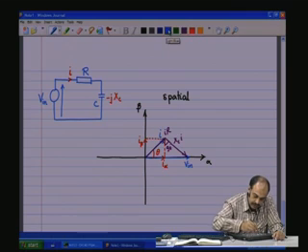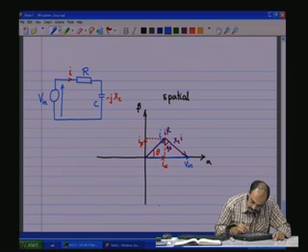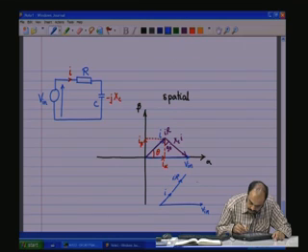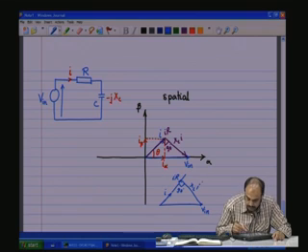In that case, let us say if I write V in, and this is the I direction, which is in this direction, and let us say we have I into R, and this is 90 degrees, and this is going to be XC into I voltage wise.